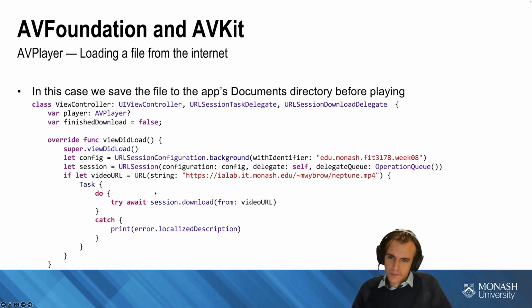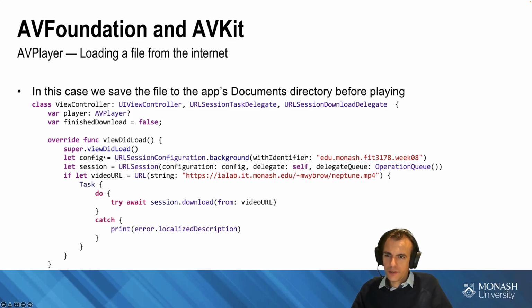In this case, I've done this using a download task. So the idea here is I would download a video file, and when it's finished, I could save it somewhere so that I have it for next time and I don't have to re-download it each time. In this case, I've chosen to do it using delegation.